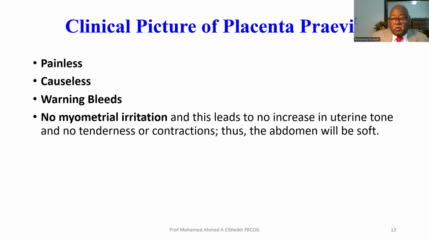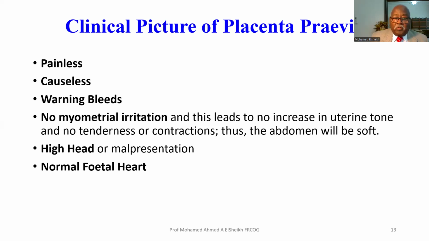No myometrial irritation. This leads to no increase in uterine tone and no tenderness or contractions. Thus, the abdomen will be soft. High head or malpresentation, normal fetal heart, fetal parts can easily be felt. So clinically, she will come with painless, causeless bleeding, with probably a history of bleeds before. There will be no irritation. The abdomen will feel soft.